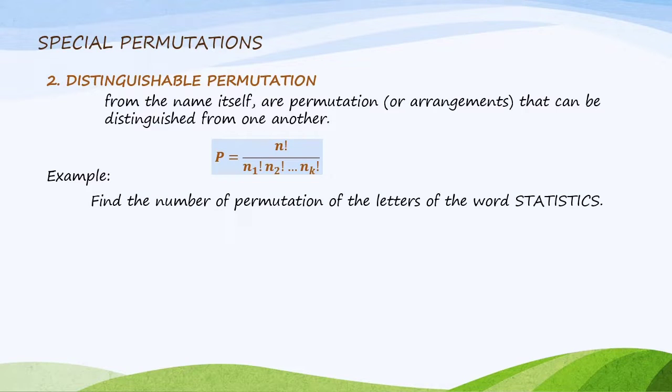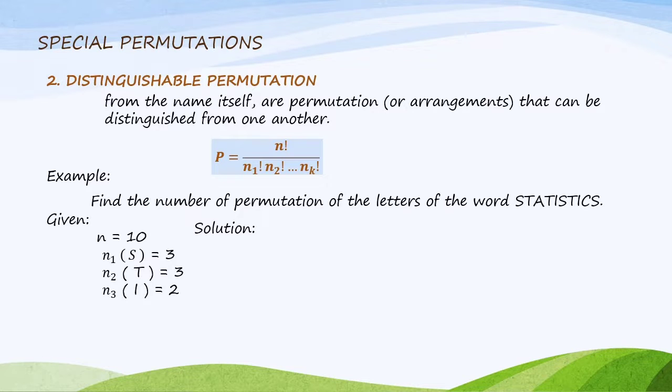Example, find the number of permutations of the letters of the word statistics. So in this given example, our n is equal to 10, since there are 10 letters in the word statistics. Then n sub 1 or the letter S is equal to 3, since there are 3 S in the word statistics. n sub 2 or the letter T is equal to 3, since there are 3 T in the word statistics. n sub 3 or the letter I is equal to 2, since there are 2 I in the word statistics.